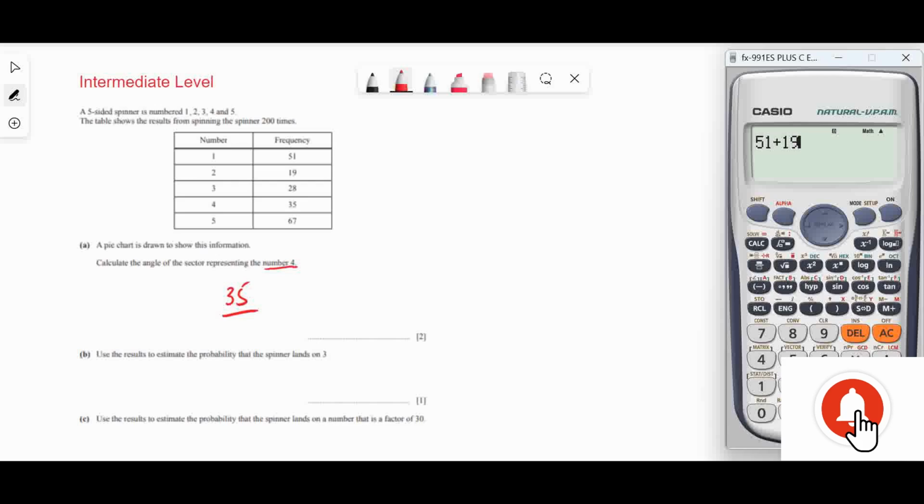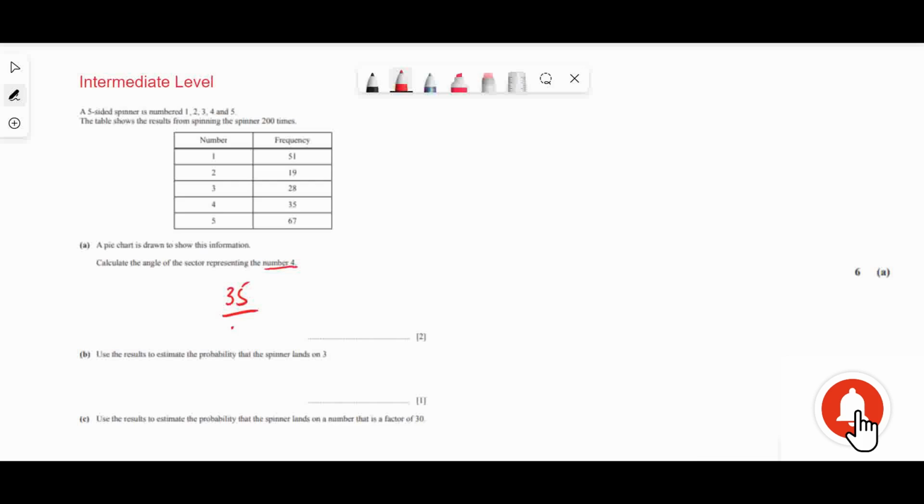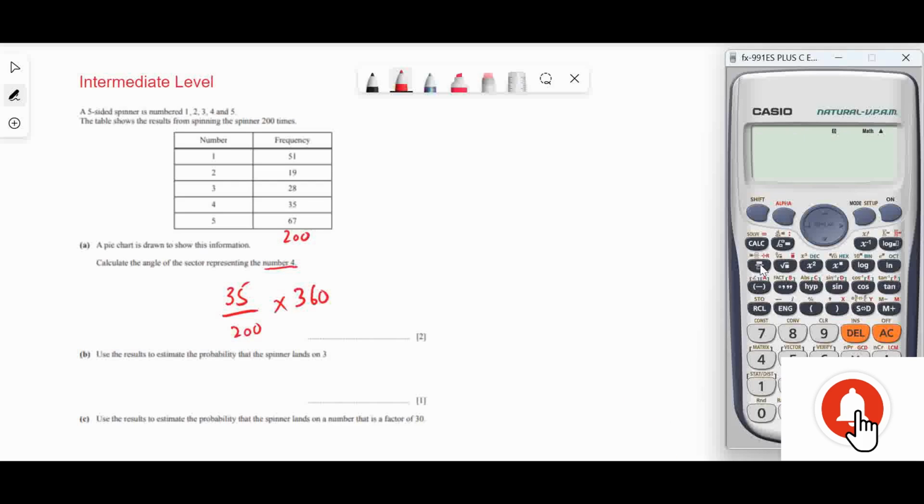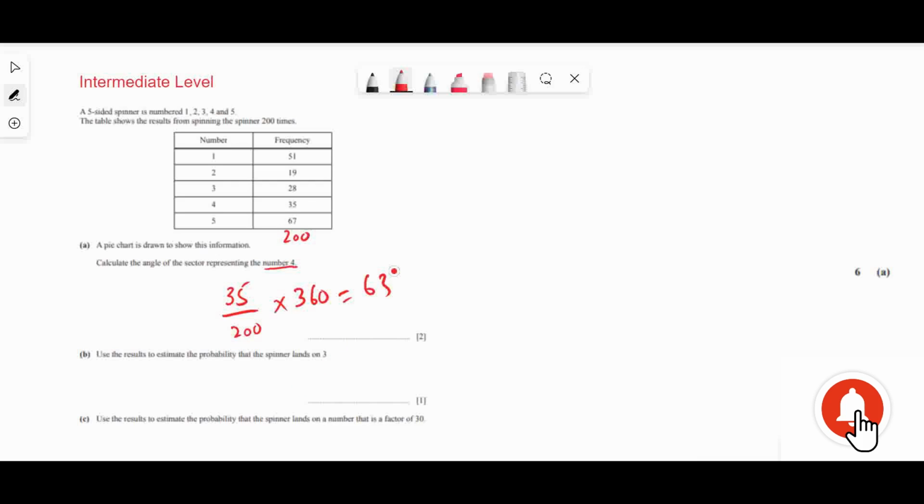By the way, it is 200 times, so we can directly write it as 200. Now we have to find the angle, so we have to multiply it with 360. So 35 divided by 200 multiplied by 360 will be equal to 63 degrees.